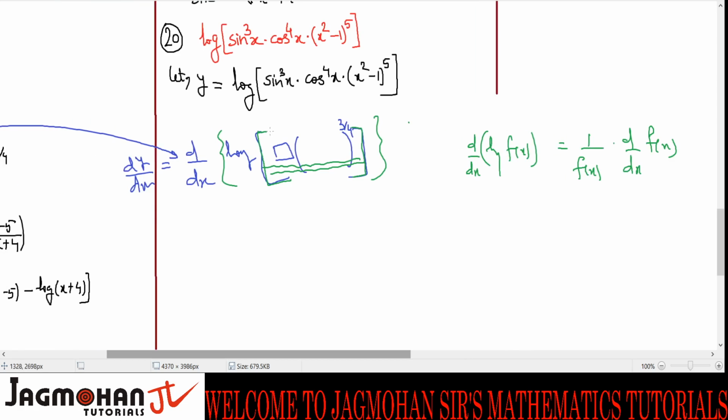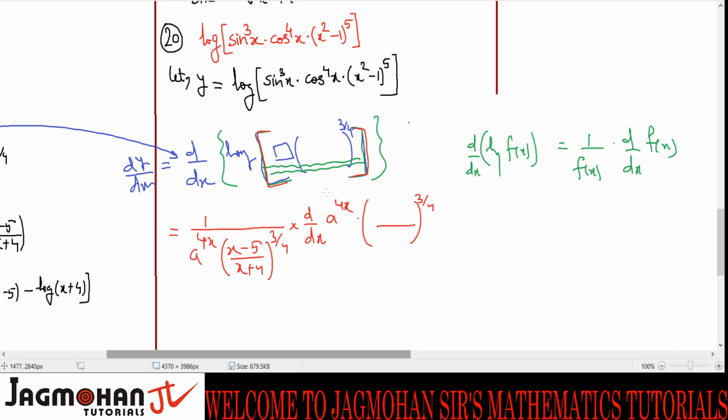It is log of f of x. This is f of x. You will have to write the derivative as 1 upon this whole thing, a raised to 4x into x minus 5 upon x plus 4 raised to 3 by 4, into d by dx of a raised to 4x into this raised to 3 by 4.